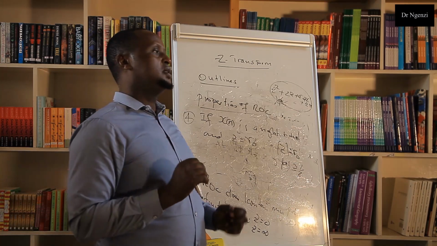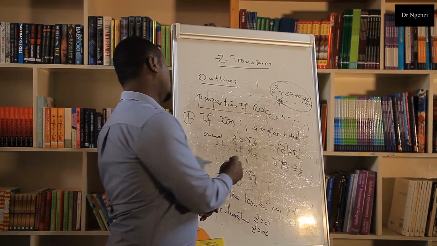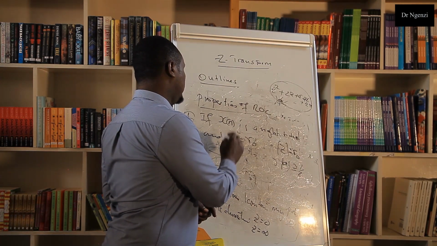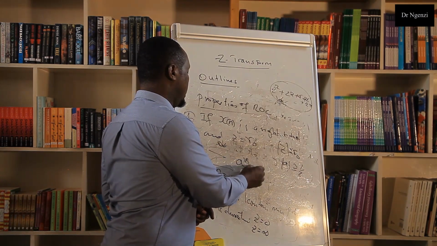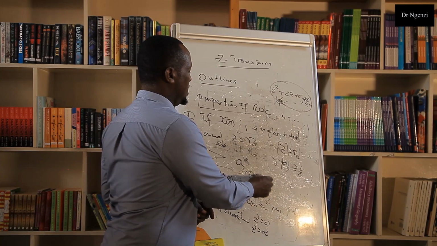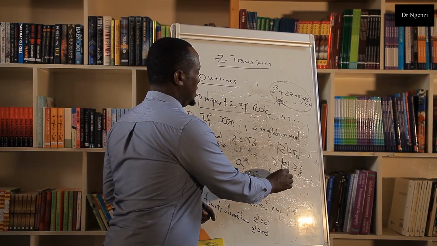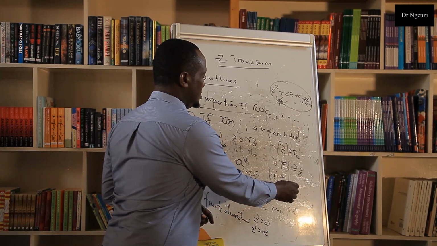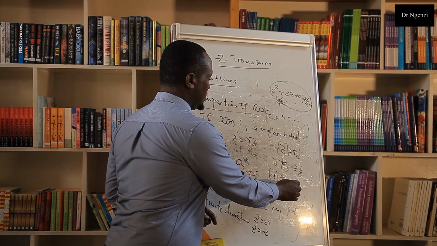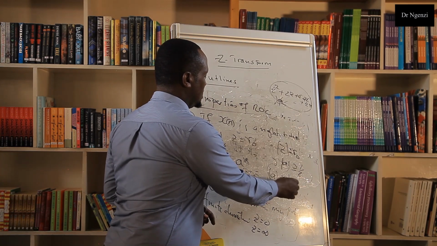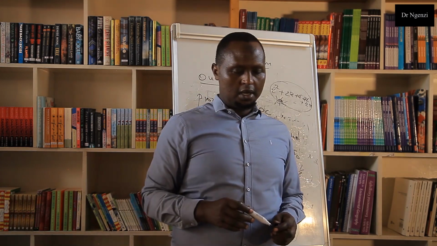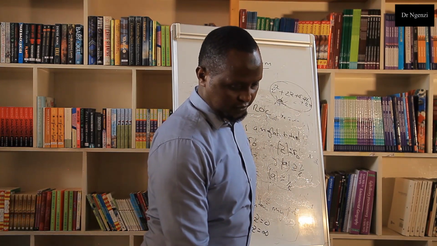So whenever you sum from n equal to 0 to infinity of a power n, the region of convergence will rely on 1 over a, for example. We take it as a half in this case.